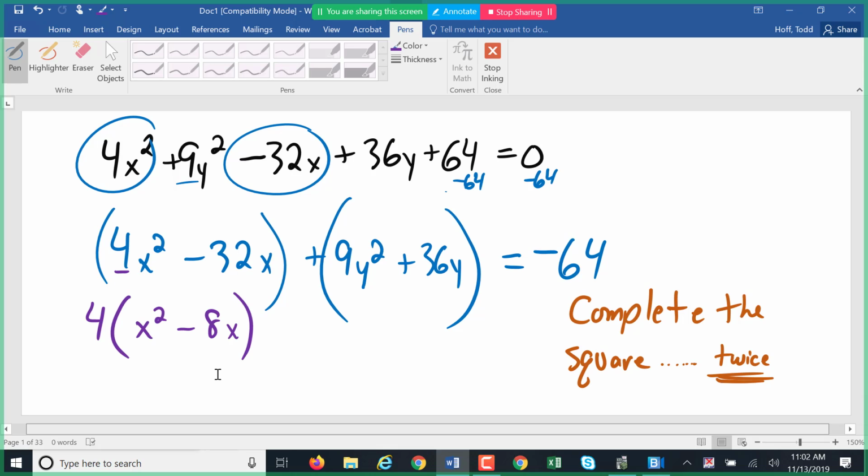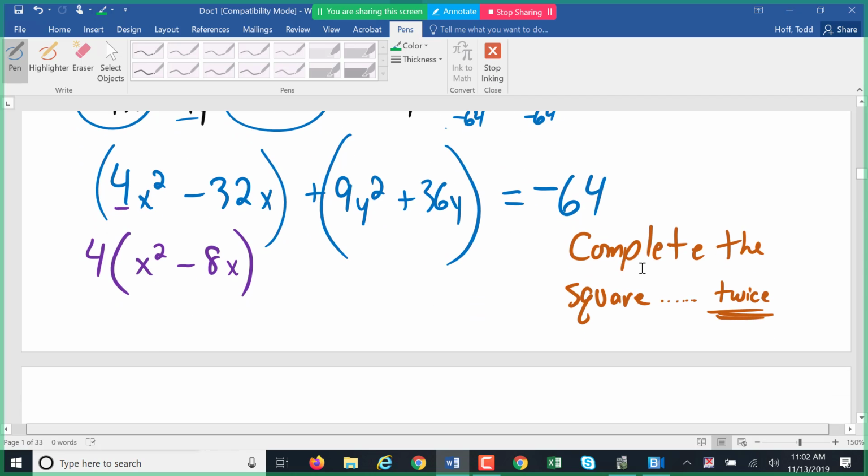I'm left with x squared minus 8x inside there. To complete the square, I divide this by 2 and I square it, right? Negative 8 divided by 2 is negative 4. Squared is 16. So that's x squared minus 8x plus 16. Would make that a perfect square trinomial inside there.